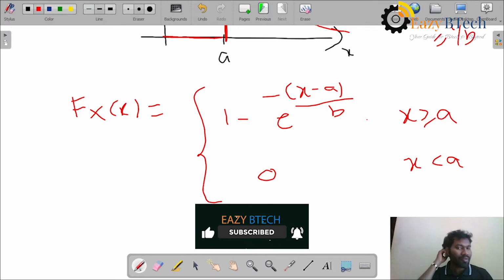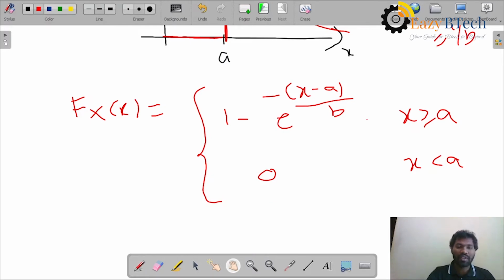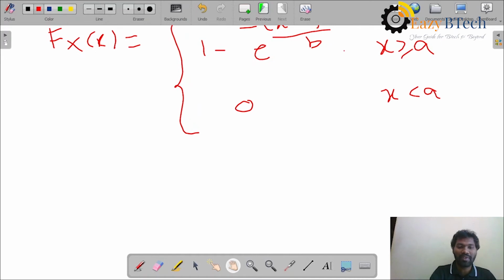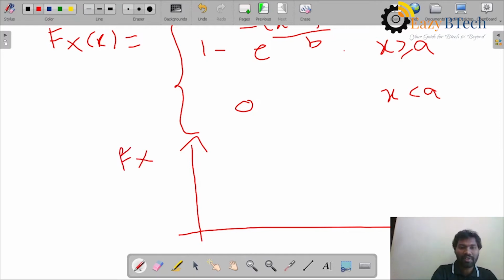In the same way, if you plot the probability distribution function, it looks like this. Here it is F_X(x), and this is x.